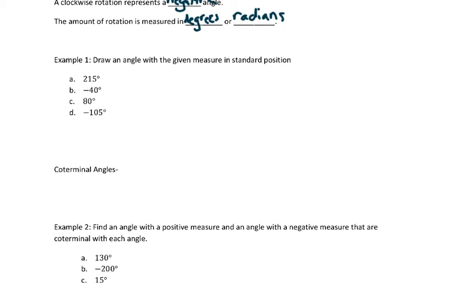So example 1, we are going to draw an angle with the given measure in standard position. So A, 215 degrees. So remember, standard position on our coordinate axes means our vertex is at the origin and our initial side is on the positive x-axis. Now let's think about this. We're not going to get out protractors and measure. I'm basically just looking to make sure you're in the correct quadrant. If my angle didn't go anywhere, if it started and ended where my initial side is, this would be 0 degrees.